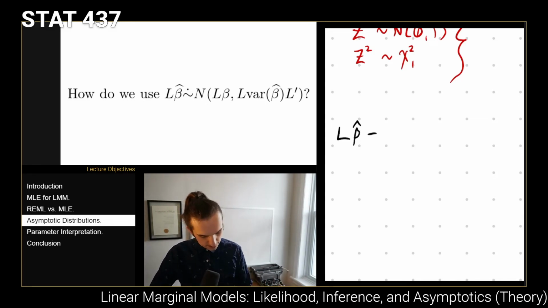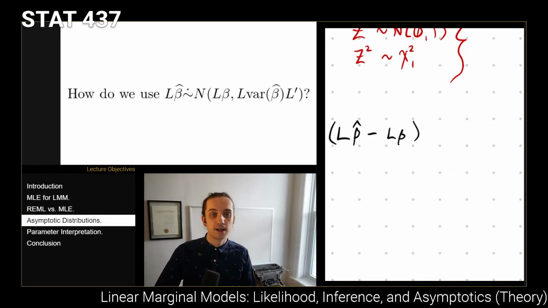And so if we take L beta hat minus L beta, well, this is going to have centered this value. So L beta hat minus L beta is going to be a normally distributed value with mean 0.